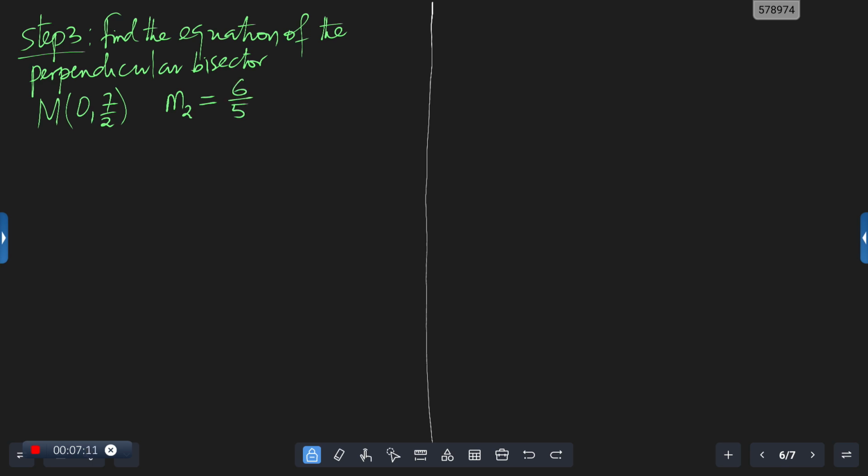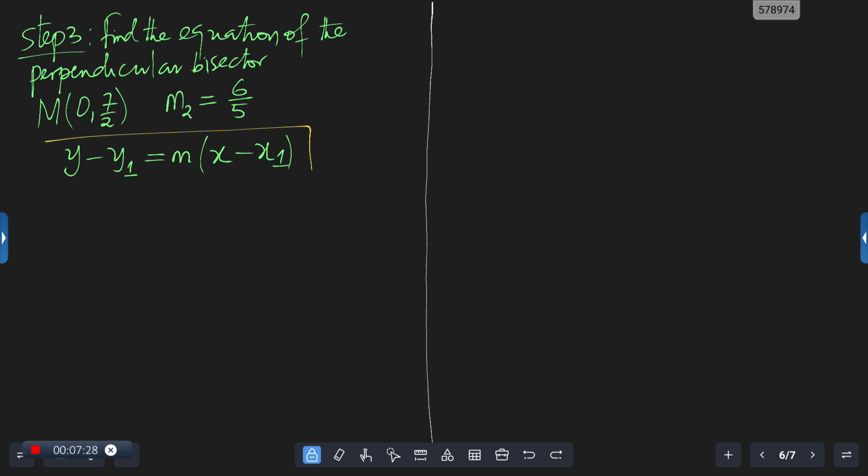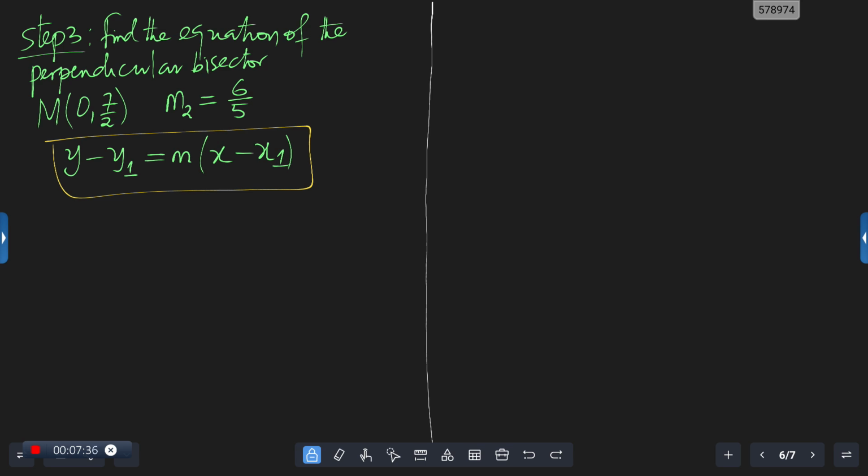All right, so we are going to use the point slope form. That is to say, y minus y1 is equal to m times x minus x1. This is the formula we're going to use. Substitute our values in there, and we should be able to get the equation. So, this is x1, y1.